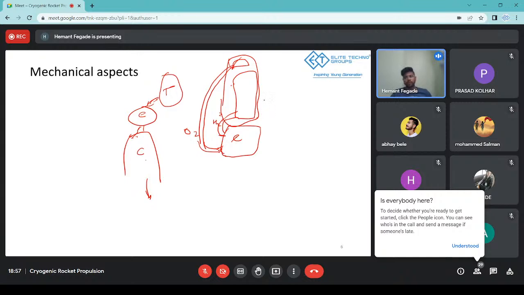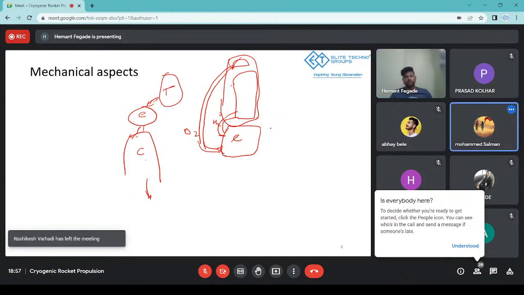So what kind of regulatory system are we talking about? First you need to pump the fuel into the engine. Now, if you are using a hydraulic powered pump, like the motor that you have at your home, do you think that motor will be feasible? Can we use a normal regular pump to pump this fuel? No, sir. Why?